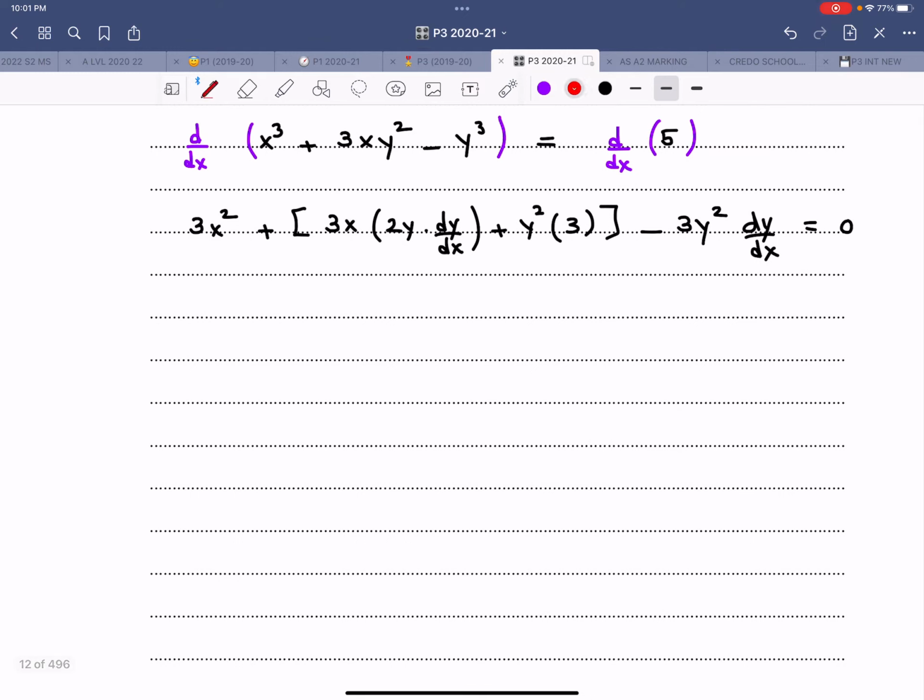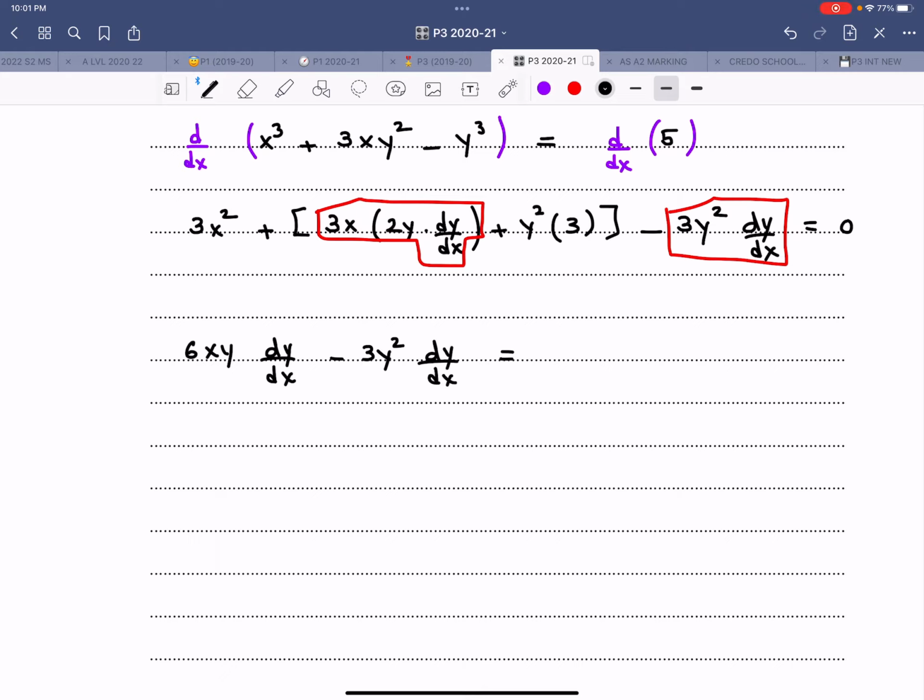Take this term and put it on one side. So therefore this is 6xy dy by dx, this is negative 3y square dy by dx, that is equals to negative 3x square negative 3y square.